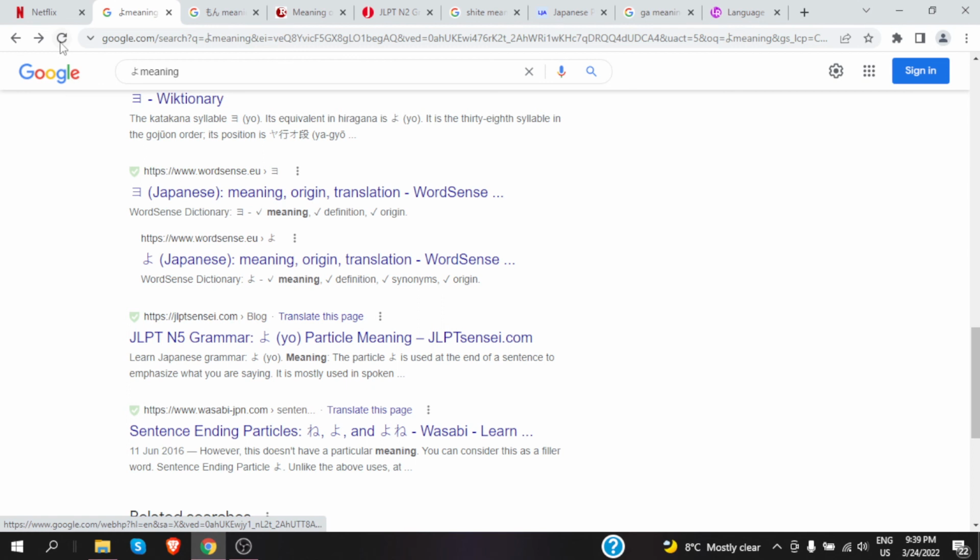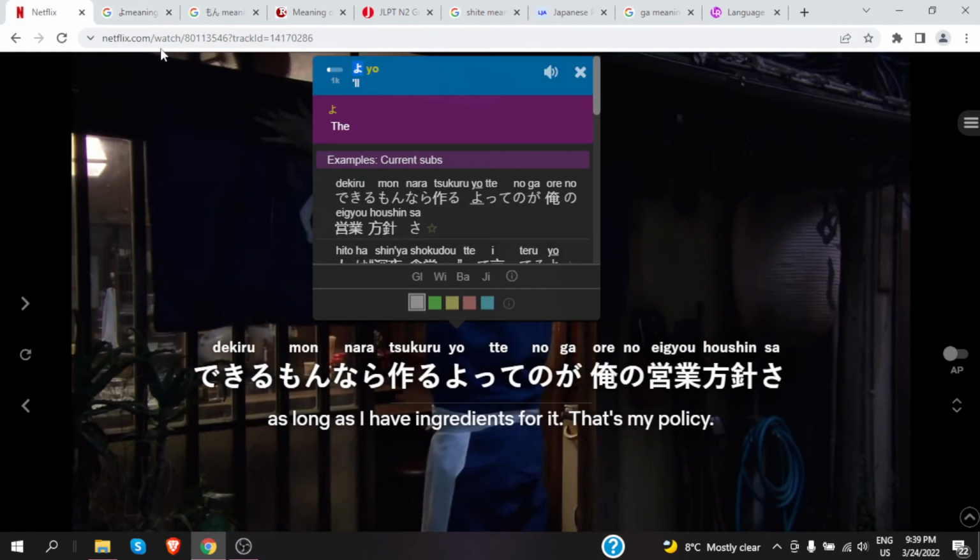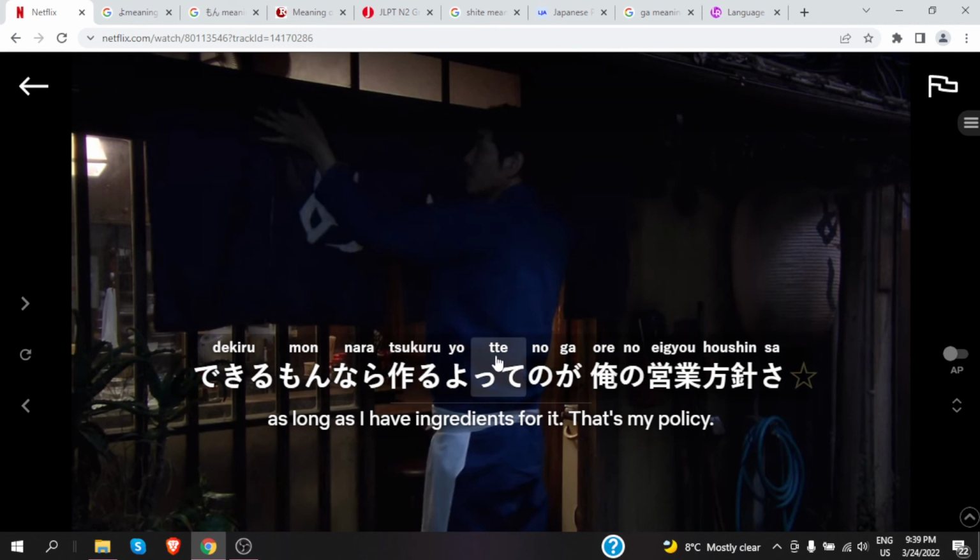So let's just keep that in mind. Tsukuru yo te. I remember seeing that this had something to do with a reference to something that was said before. So I'm guessing when they use this, it's referring to what the person ordered.